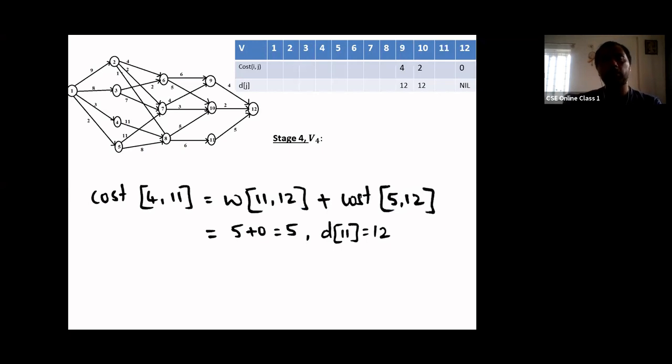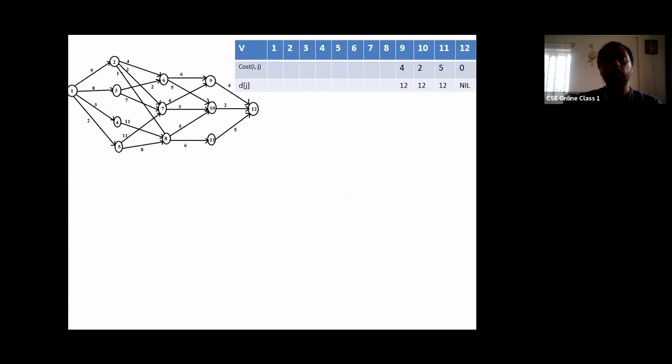Because of this reason, it is also called the forward method. So we have filled the table; for the 11th vertex, we will have a value of how much? 5. Cost of ij will be 5 and d of j will be 12. Fine. So we have completed stage 4.